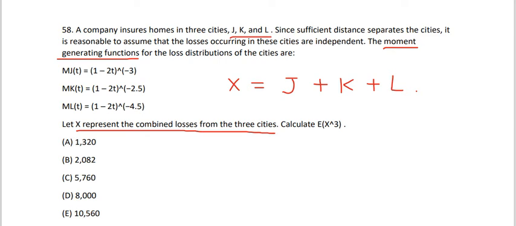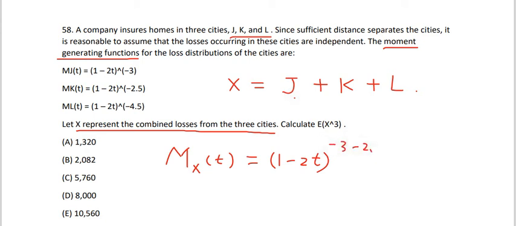So we know the moment generating function for X is the multiplication of their moment generating functions. So it equals 1 minus 2t to the power negative 3, and so on.